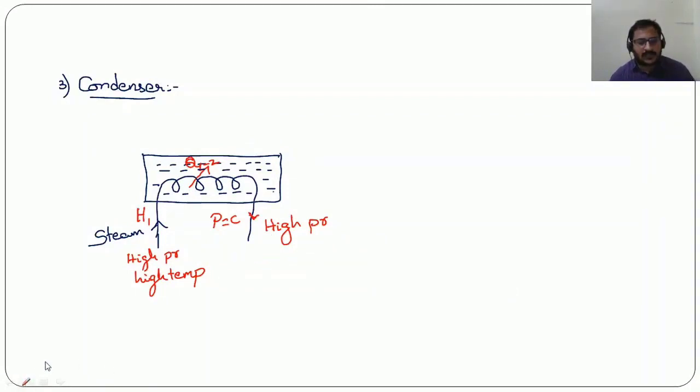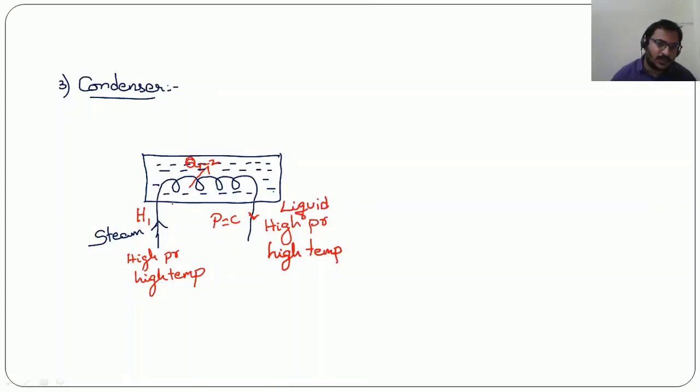So as far as our application is concerned, here with the same pressure this will be coming out, and the temperature might be same as this temperature or a little bit lower. So for this instant, let us say with the same temperature it is coming out, but this will be coming out in the liquid form.